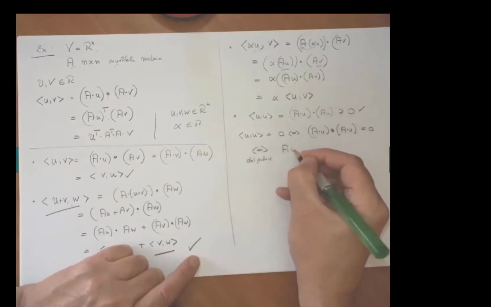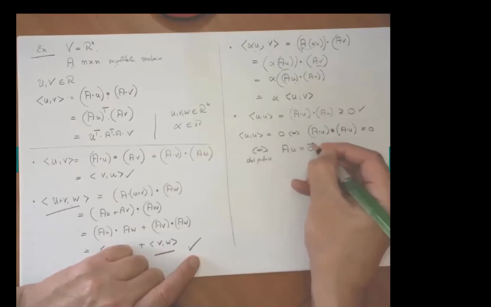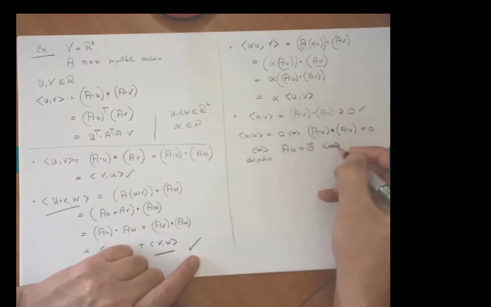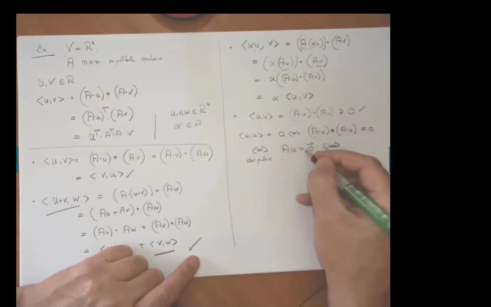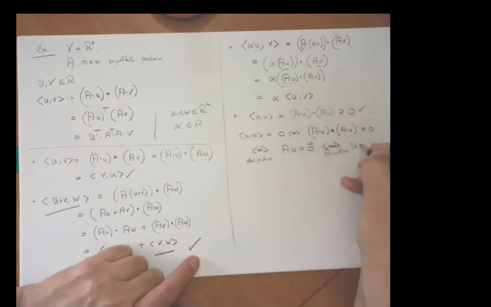So if and only if Au is equal to the 0 vector. And now this is actually where invertibility comes in. If A is invertible, then Au equal to 0 means u equal to 0. And that's the last property we need. So here comes in that A has an inverse.